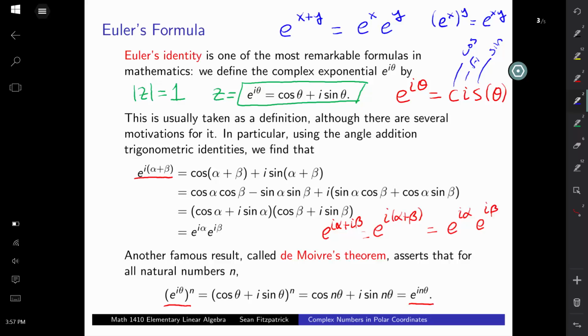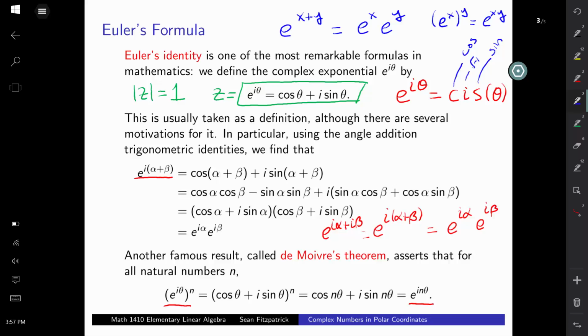And if you take a course in complex variables, you'll learn that in fact the laws of exponents hold for the exponential function when theta could be any complex number, and n could be any complex number. Here I'm assuming that theta is an angle, a real number, and that n is an integer, but it doesn't have to be an integer. It could be any complex number. And so things actually work in general here. The laws of exponents work in general.